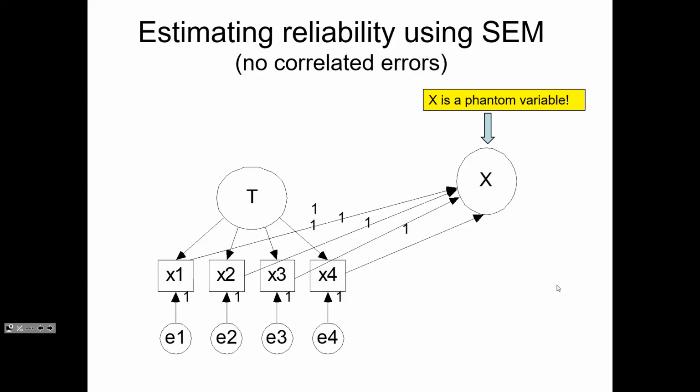I can look at the model implied correlation between that X variable and the T variable, and that's going to fall out of our output. I'll show you where on the output it is, but if you just look at the model implied correlations, there it is. So let's say the model implied correlation between X and T is 0.9.